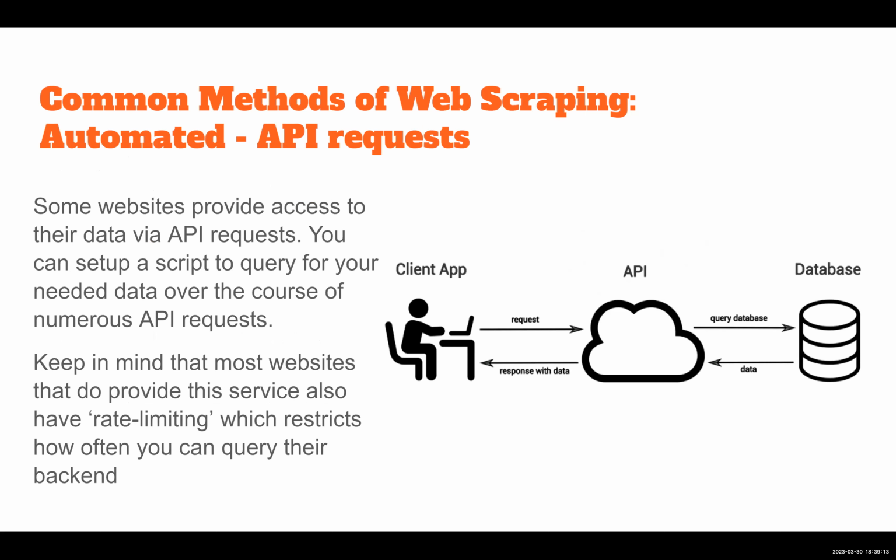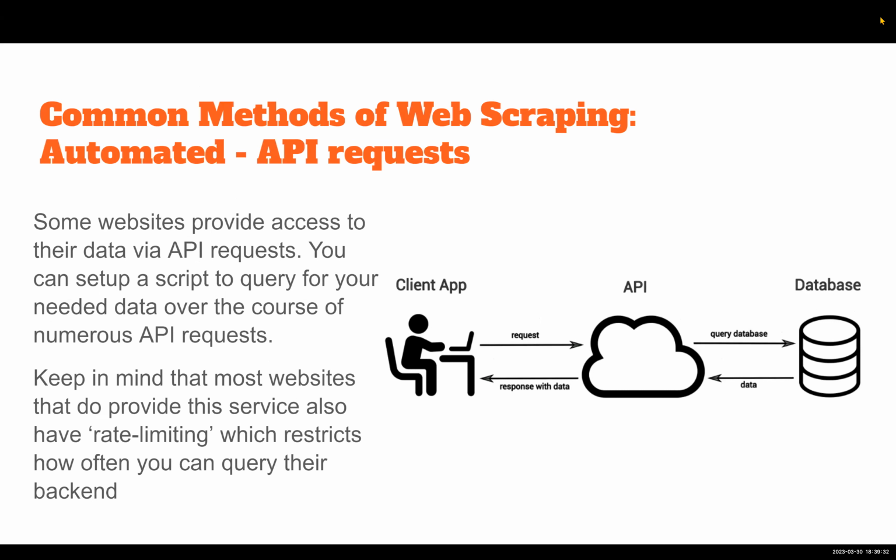One of the easier methods of web scraping is using automated API requests. Now, not all websites allow direct access to the backend of their databases. Oh, I should not have had a waiting room. There we go. So yeah, not all websites provide access to their API backend.